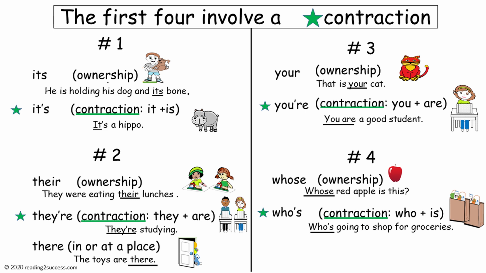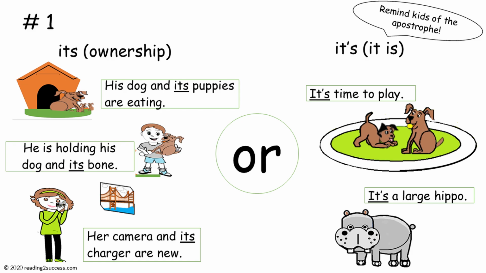And the third one, there, means in or at a place. Number three is your and you're. The first one means ownership. The second one is a contraction meaning you are. And the fourth one is whose and who's. The first one means ownership, and the second, who's, is a contraction meaning who is.